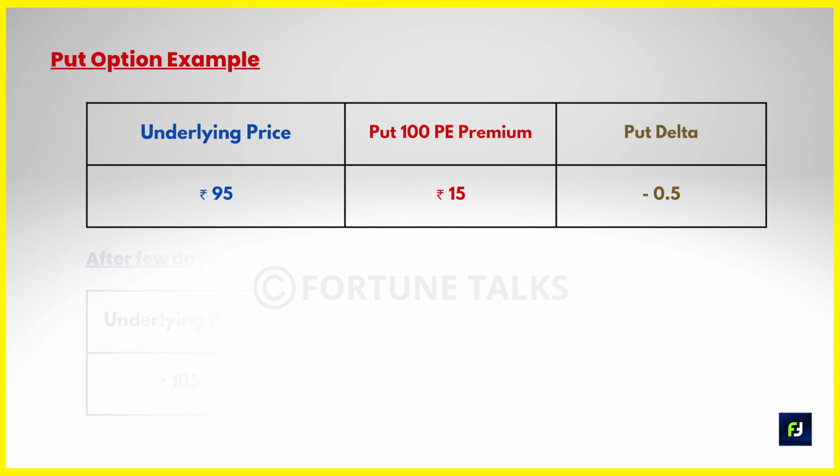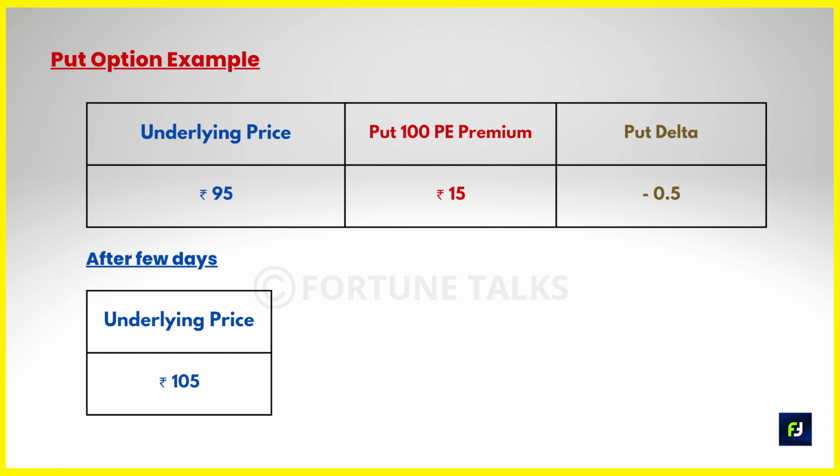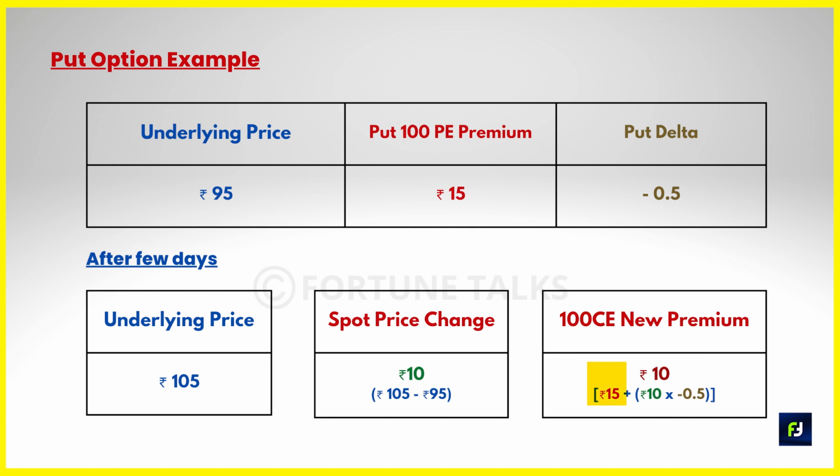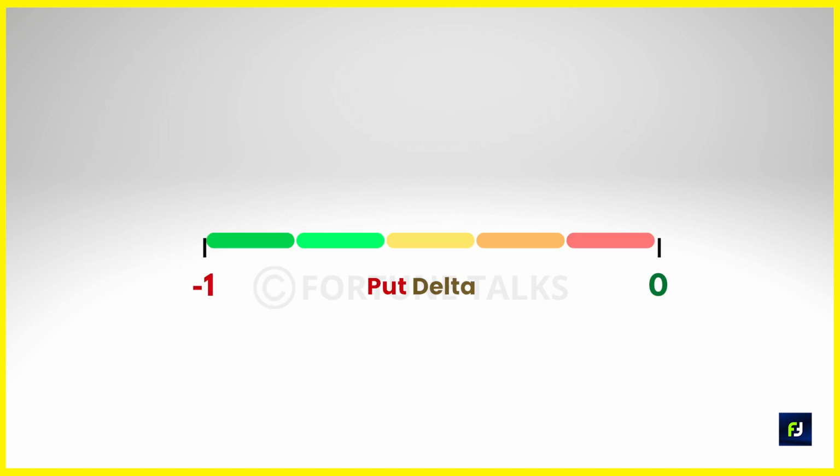On the other hand, what if in a few days' time, the price of the underlying rose to 105 rupees? In this case, given that the price of the underlying has risen by 10 rupees, the value of the put option will go down by 5 rupees. That is, the price of the put option will now be worth 10 rupees. By now, you know why the delta of a put option ranges between minus 1 and 0.